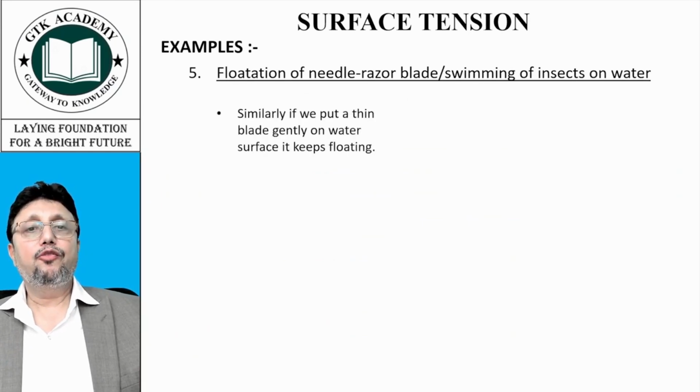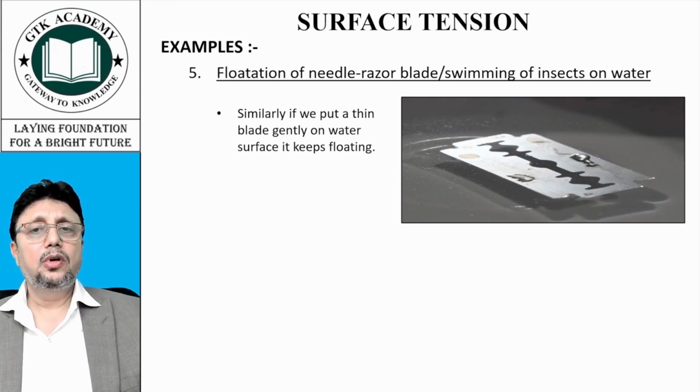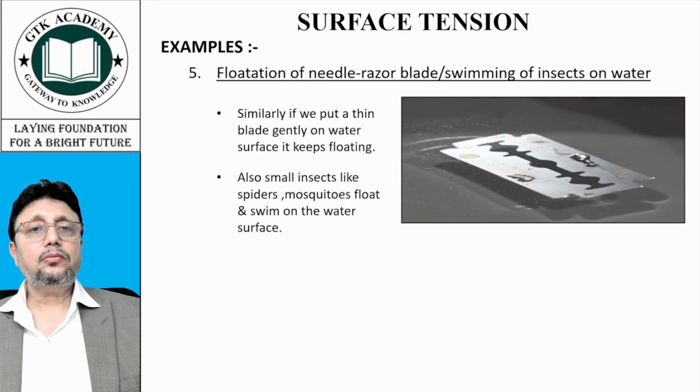Similarly, if we put a thin blade gently on water, it keeps floating like this. You can try out this at home, but do it very gently. Put it on a tissue paper and drown it. You can see it. Even you must have seen small insects like spiders, mosquitoes.